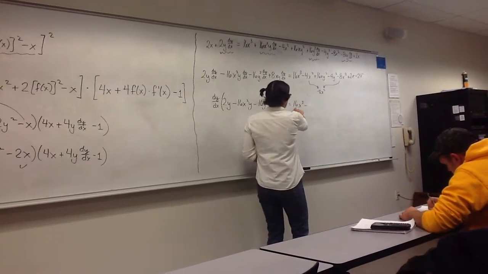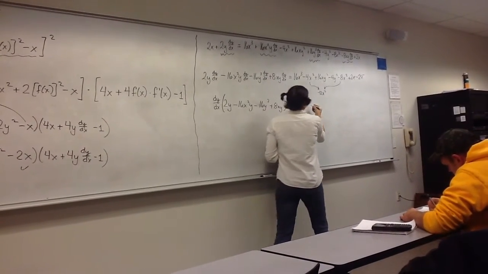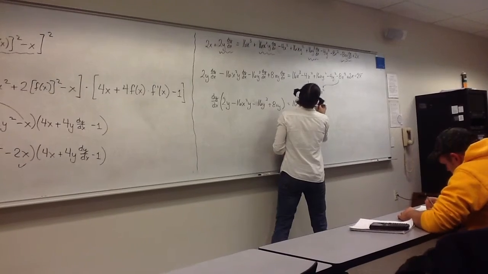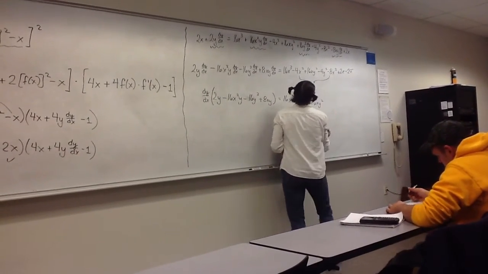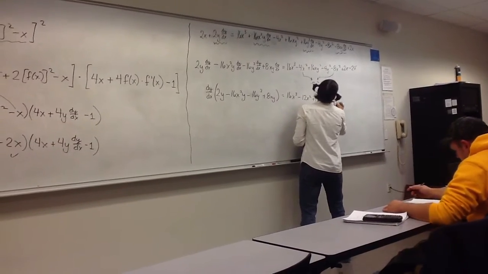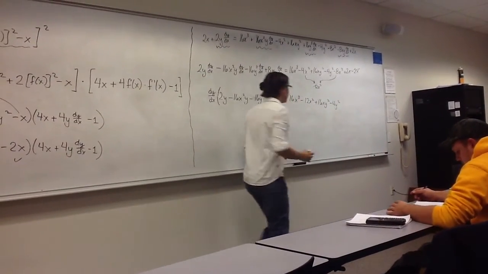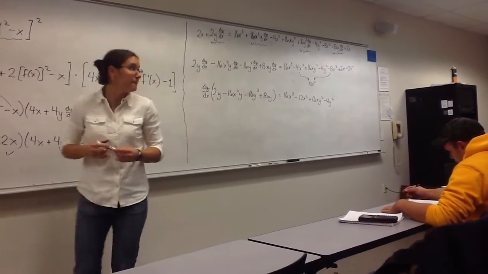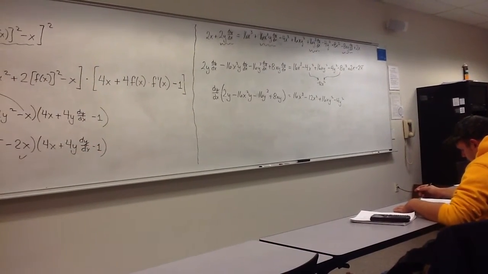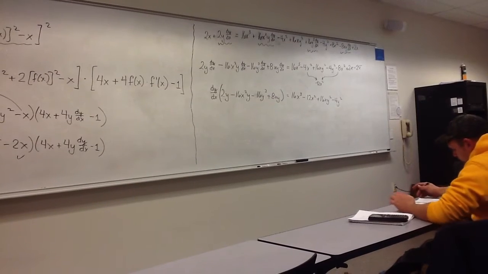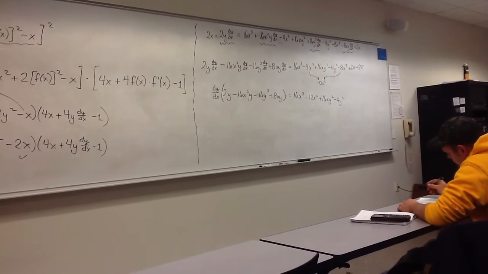So we've got, on the right side, 16x cubed minus 12x squared plus 16xy squared minus 4y squared, and everything else is combined. All right, life is getting better. What's our very last step here?